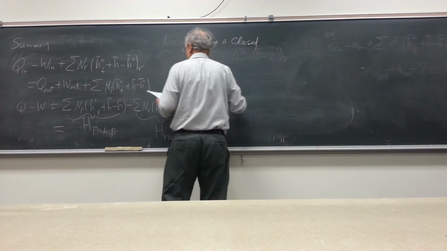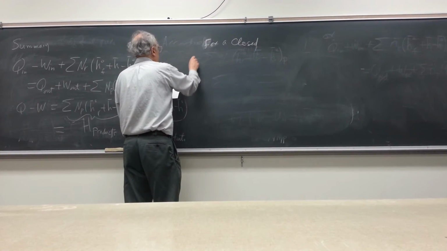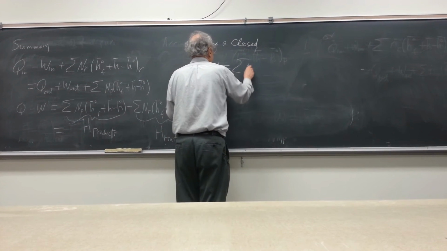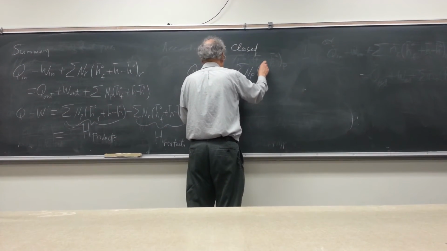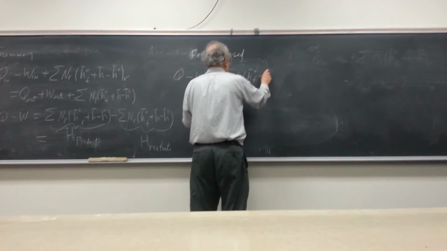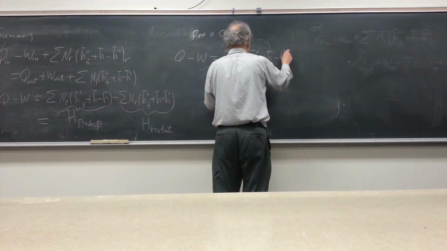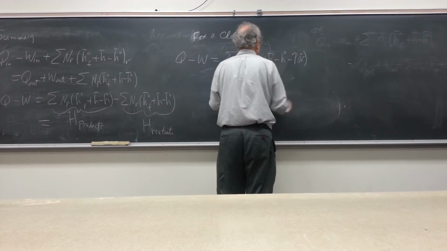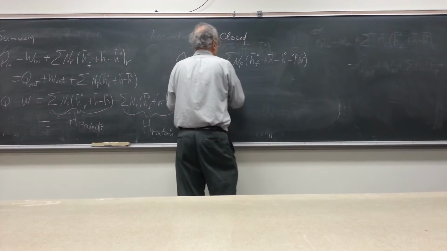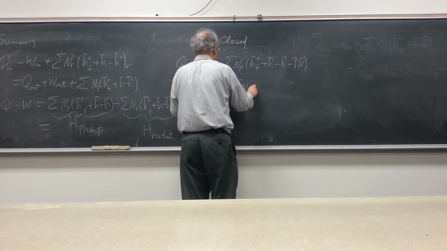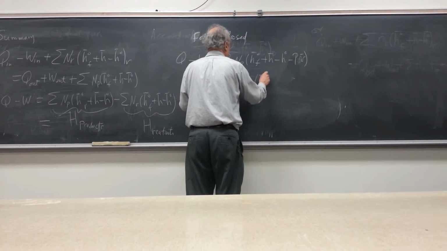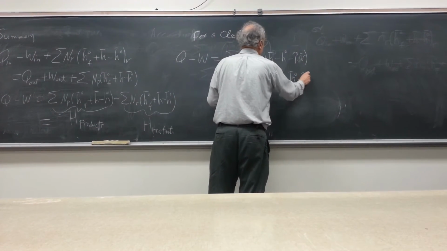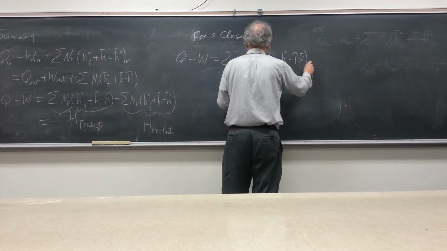We repeat that with minor changes, and it becomes Q minus W equal to N_P (h-bar_f° plus h-bar minus h-bar° minus Pv) minus an R, where this is for product and that's for reactant.